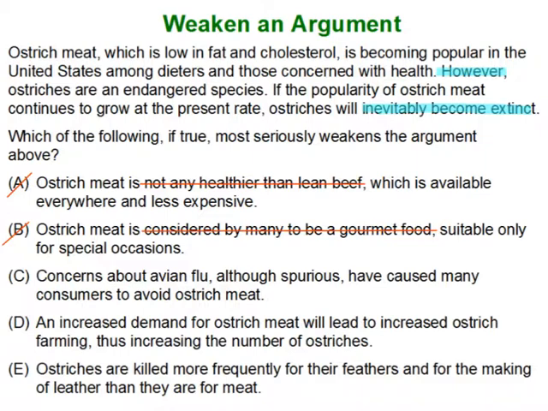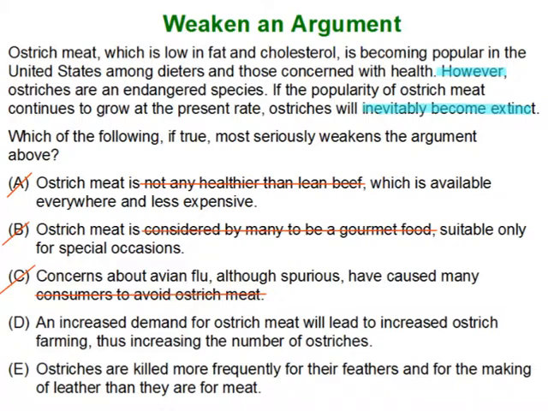With answer choice C, there's concerns about bird flu, and some consumers, in fact, many consumers, are going to avoid ostrich meat. This is a very appealing trap answer to a lot of people. Notice that each of these 3 choices so far, what they have attempted to do is attack the premise. And the premise is that ostrich meat is becoming popular. So each of these answer choices is trying to attack that idea.